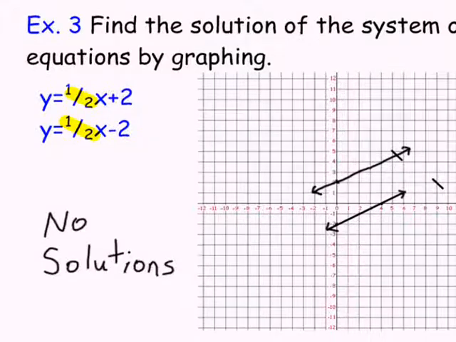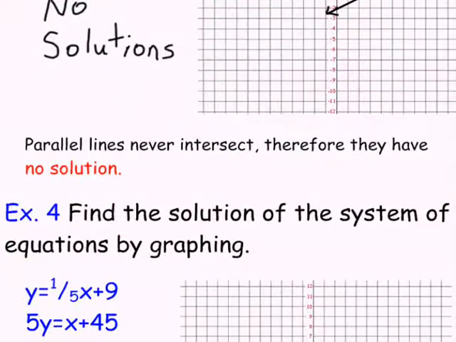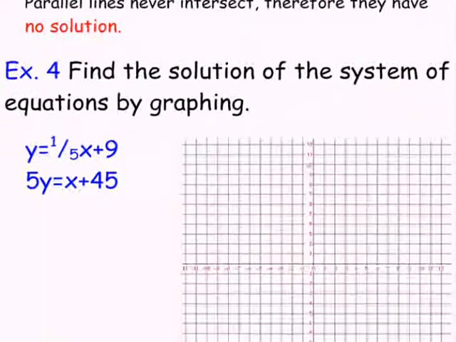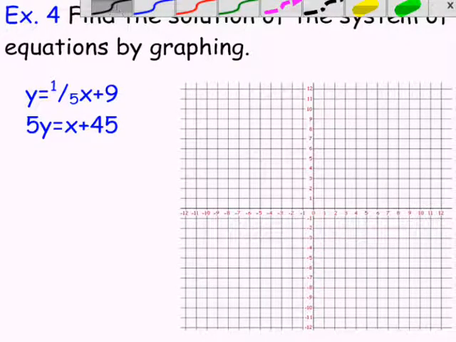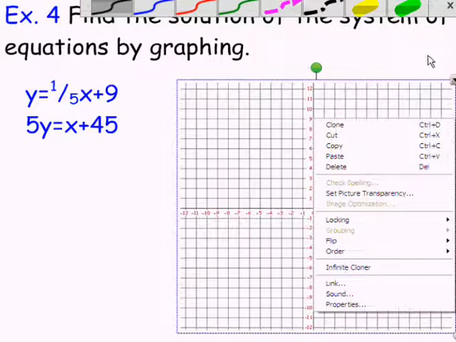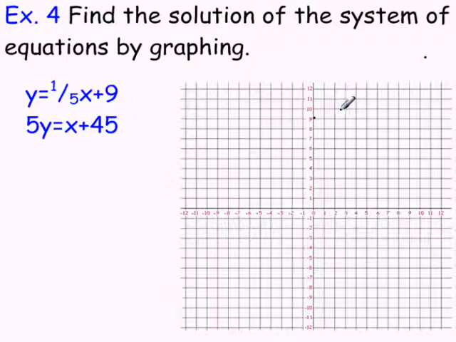Okay, very good. Let's move on down a little bit more. One more example. Let's graph these two. Okay, first of all, I have y equals 1/5 x plus 9. So I go up to 9, and here's 9, 1 over 5.